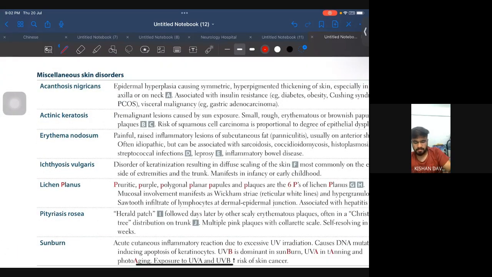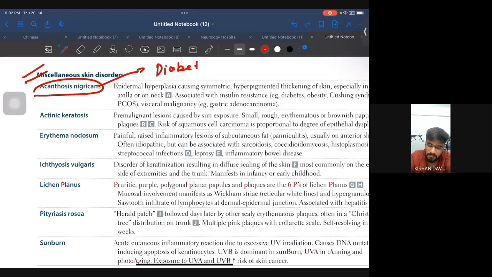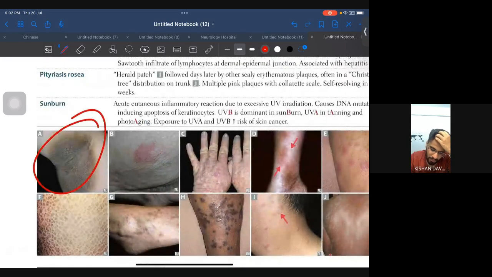Miscellaneous skin disorders. Again, moving to the one-liners that we'll be doing here. Acanthosis nigricans. If in the exam they give you a case of diabetes or obesity, straight away the question is talking to you about acanthosis nigricans. You can see the image; they will give an image like this.